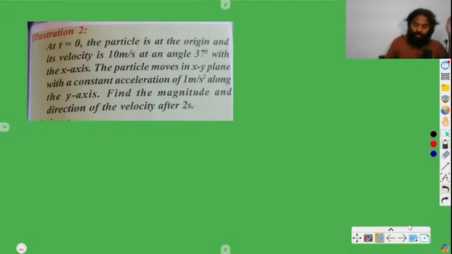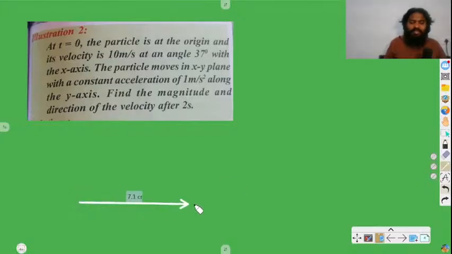Now here, coming to the next question, what he is saying: at t equal to 0, the particle is at the origin, and its velocity is 10 meter per second at an angle 37 degrees with the x-axis. So now let us see what is there. This is the x-axis, and this is the y-axis.